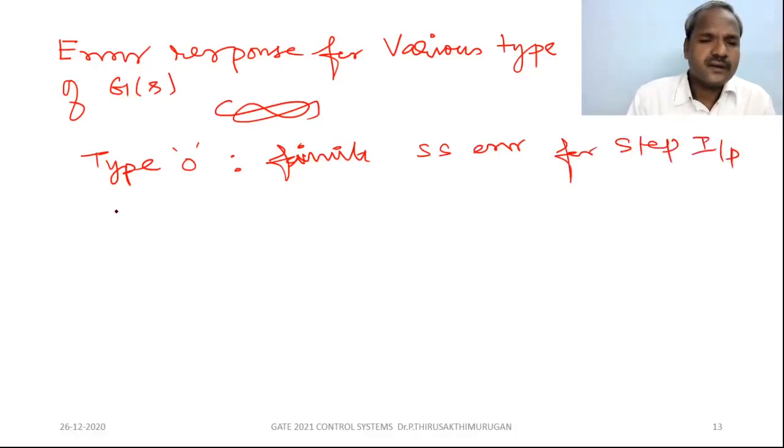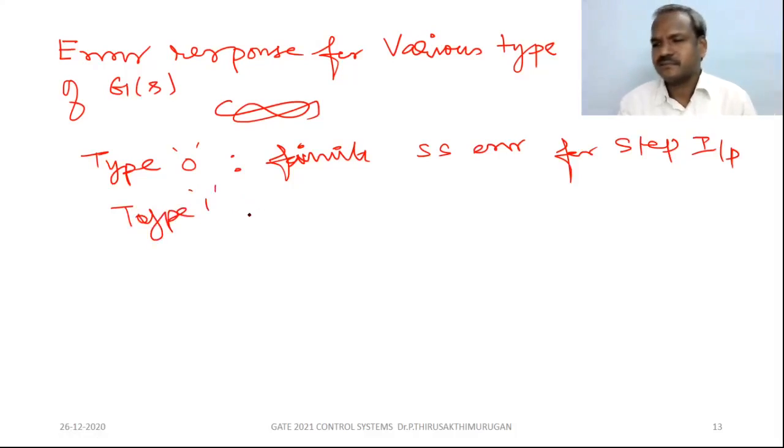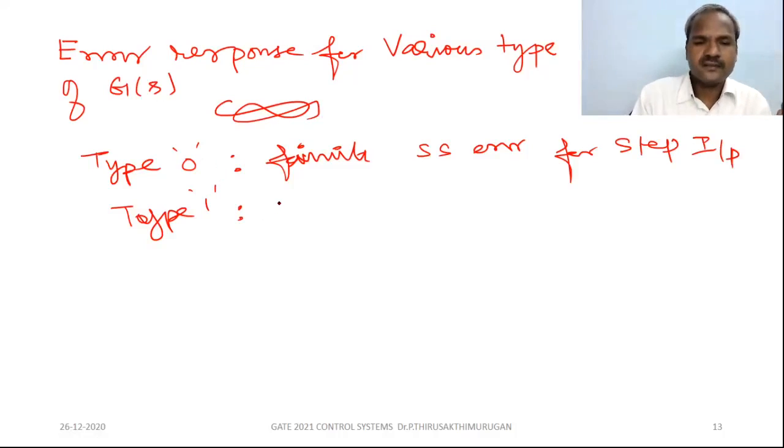Similarly, type 1 system for step input is 0.